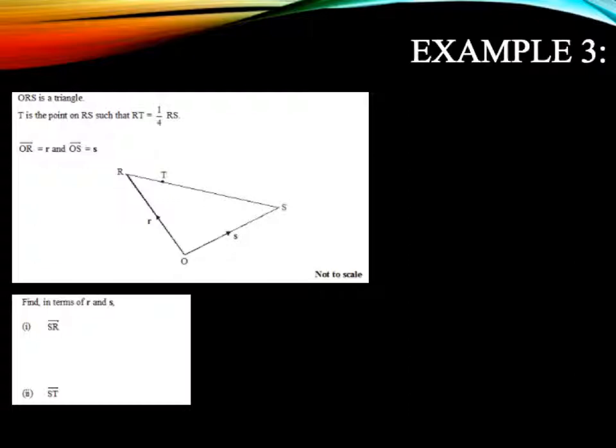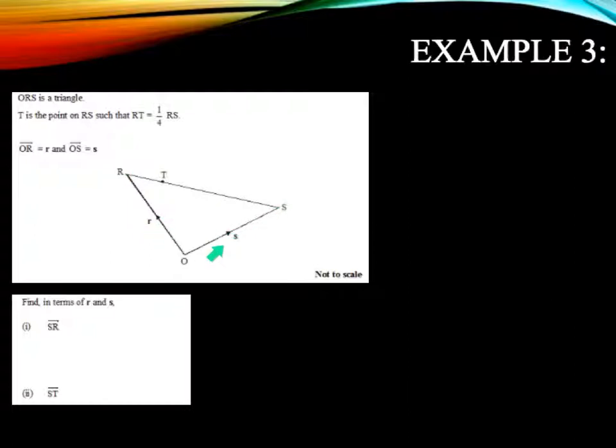In this example, it tells us about the triangle ORS. O to R to S. And it says the point T is along RS such that RT is a quarter of RS. So it's a quarter of the way along. It tells us that vector OR is denoted by R and OS is denoted by S. First of all, it's asking us to find S to R. So again, let's think about how we can get from S to R using the vectors that we know.